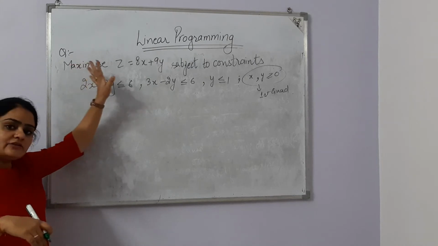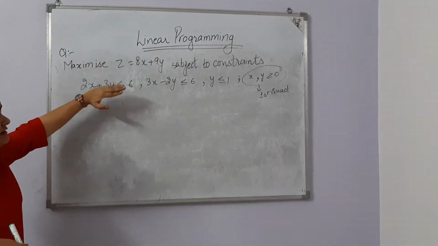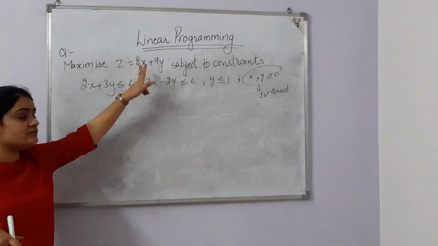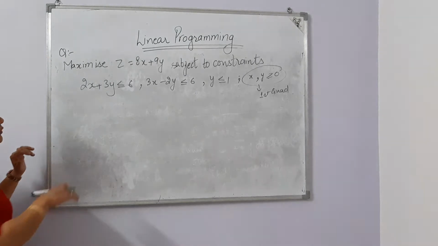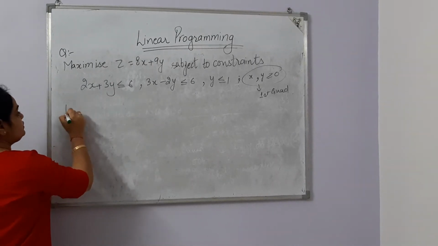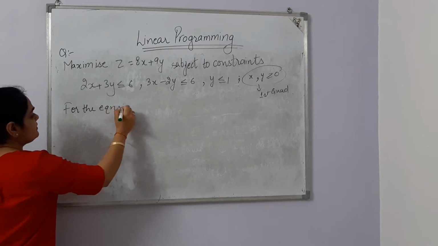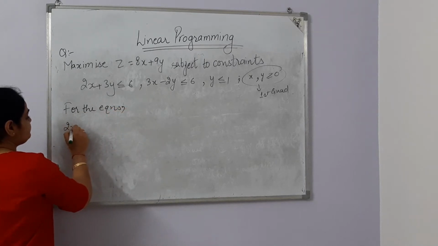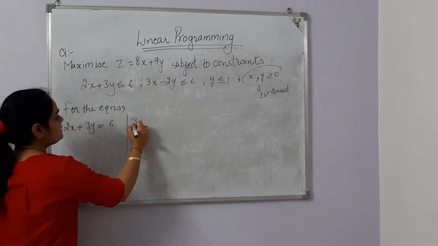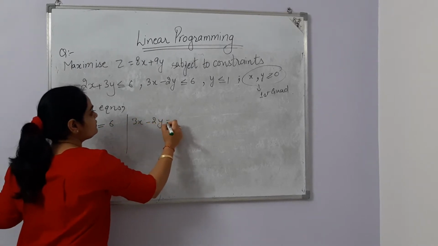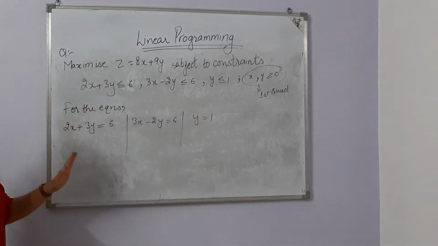These constraints, these inequations, should satisfy this function to obtain the maximum or minimum value. Now we need to change them into equations: 2x plus 3y equals 6, 3x minus 2y equals 6, and y equals 1. These are the three equations.